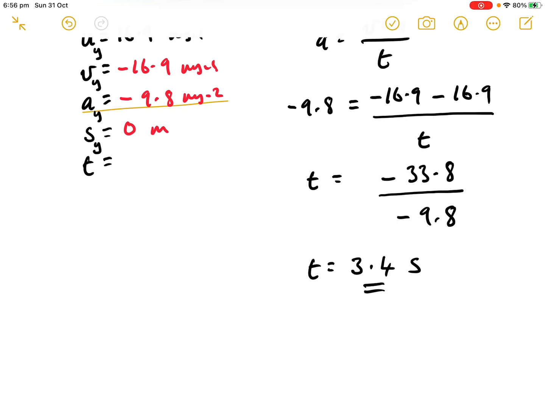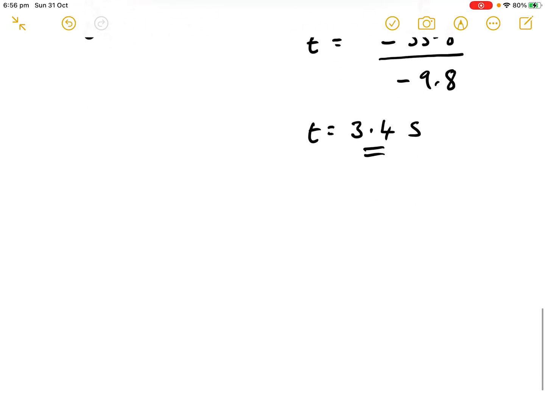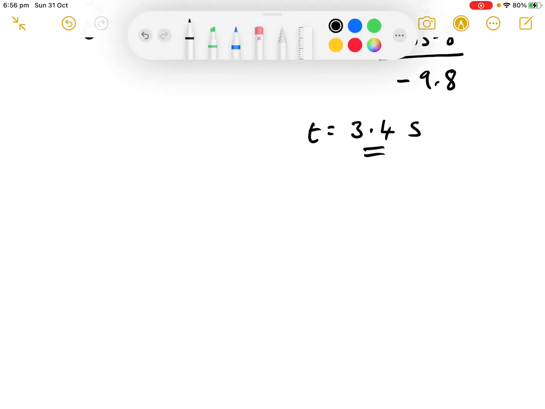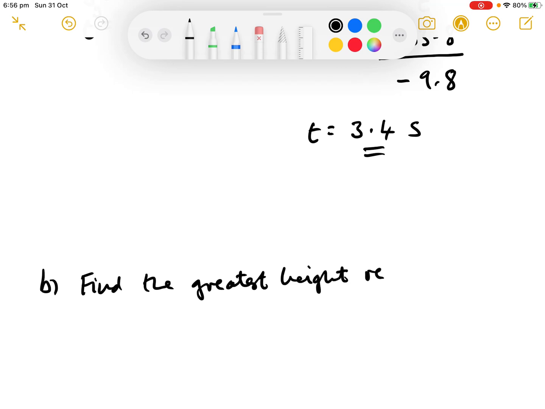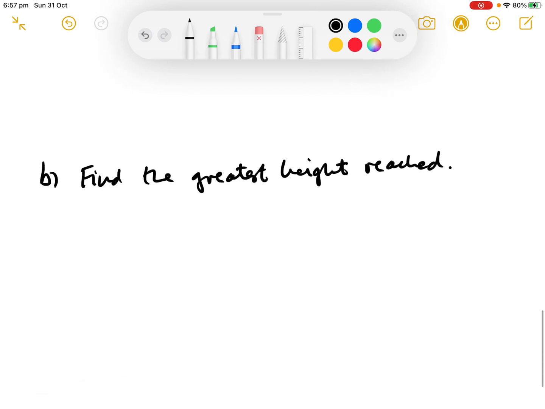What else might you be asked? Well, you might be asked, what's the greatest height reached? So find the greatest height reached.